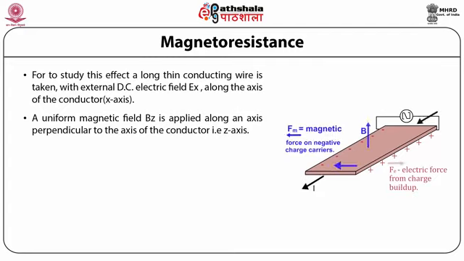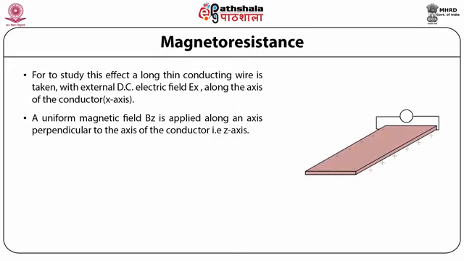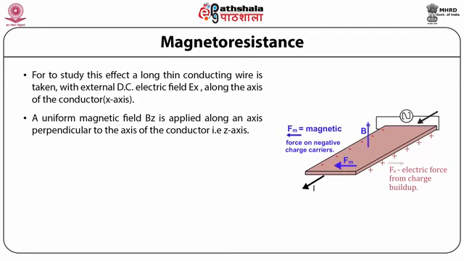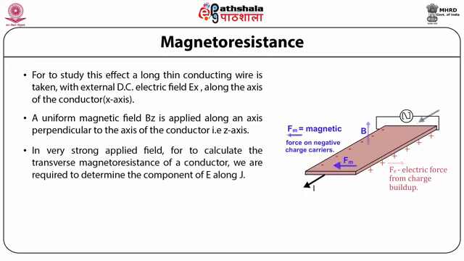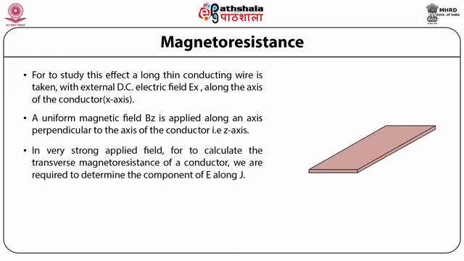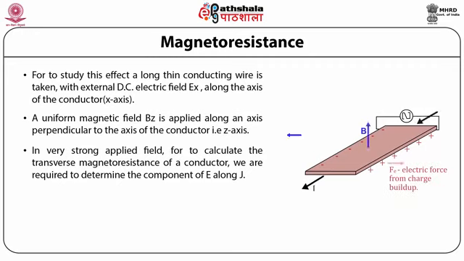One is longitudinal magnetoresistance, where the current density J is parallel to B, and the other is transverse magnetoresistance, where J is perpendicular to B. In a very strong applied field, to calculate the transverse magnetoresistance of a conductor, we are required to determine the component of E along J.